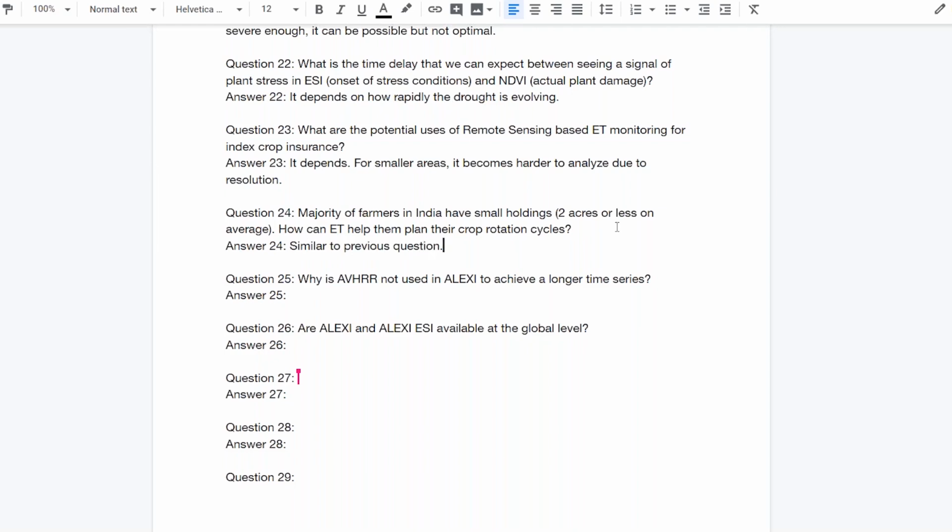I think as future sensors come, maybe we get to the point where we have higher resolution thermal. But a lot of these methods are not operationally produced.